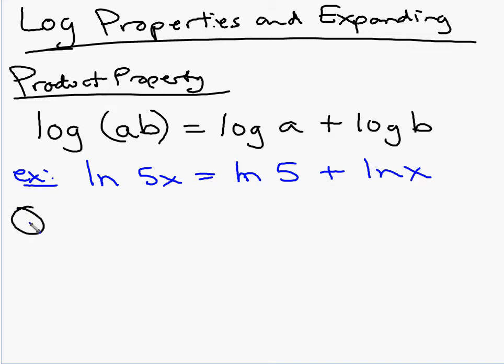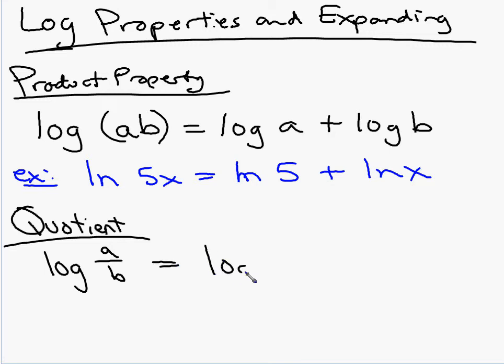Now, that's the product property. The quotient property, we can just use some common sense. If I have the log of A divided by B, since dividing is the opposite of multiplying, it makes sense that instead of adding them together, I will subtract.